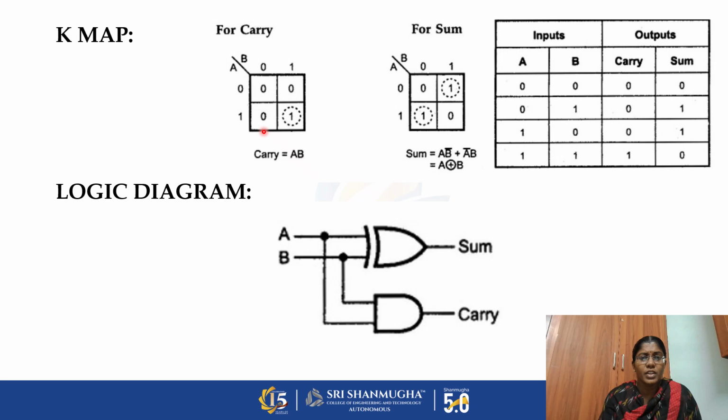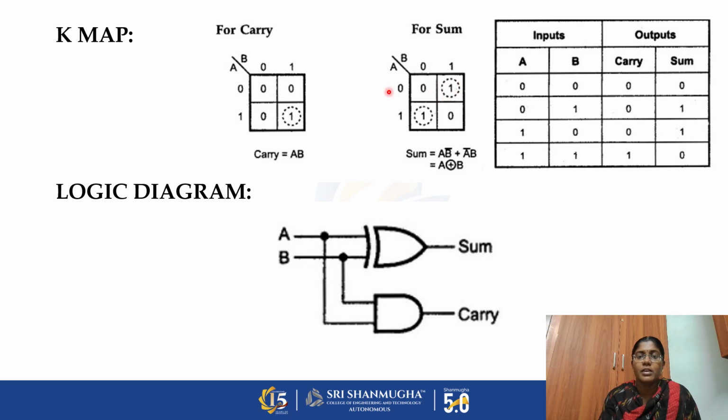Next you have to map the ones. For carry, we have only one 1, so you have to map it as a single. Here the variable is A, and here the variable is B, so you write AB. For sum, we have two ones, but we cannot map them together, so we have to map them individually.